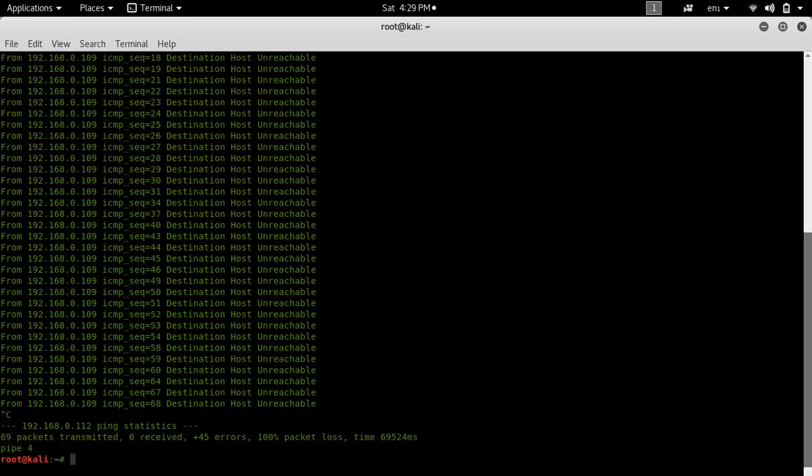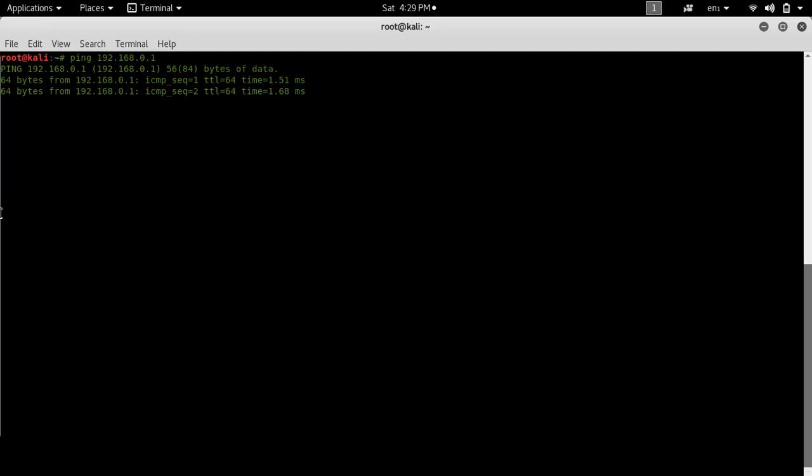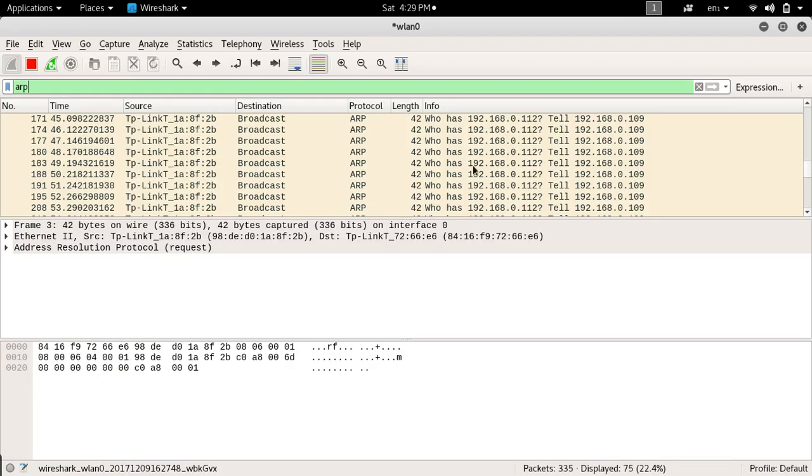So let me try with something which is valid. Ping 192.168.0.1. This is my Wi-Fi router. As you can see, I am getting back the reply from this system, and let me check Wireshark. As you see here at the bottom, there are no more ARP packets saying who has 192.168.0.1.